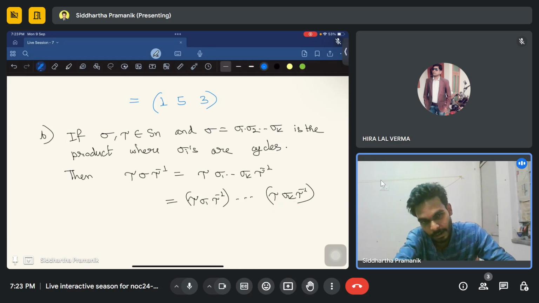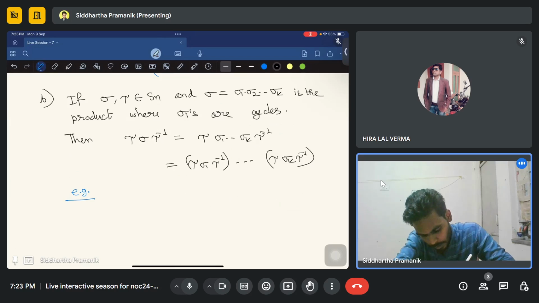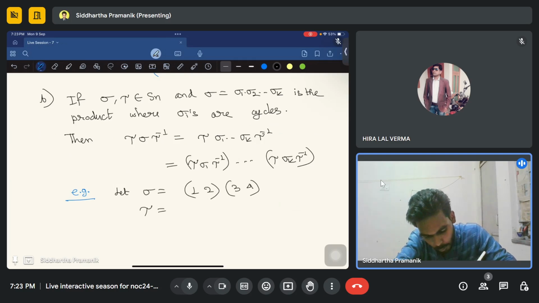So let's see an example. Let sigma be, let's take an easy one, (1 2)(3 4), and tau equals (2 3)(3 2 5)(1 4).